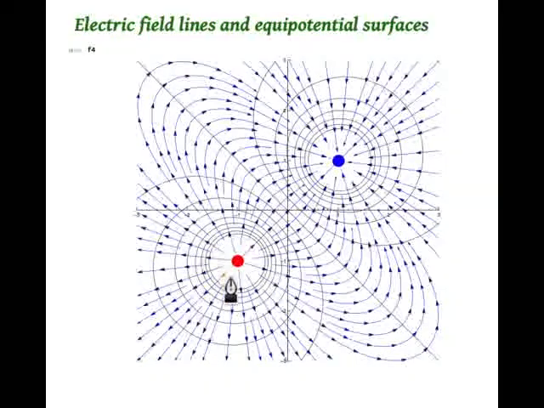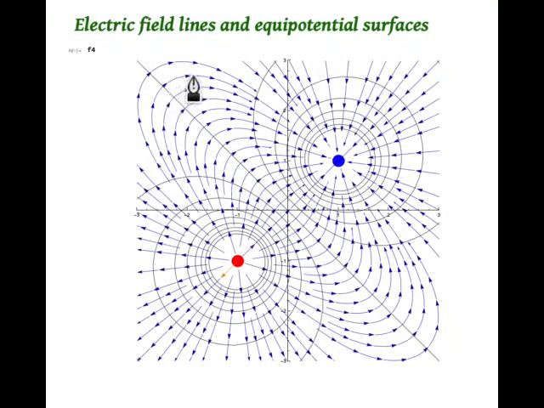Well, in the same way, the electric potentials, the equipotential surfaces, kind of separate into places where the electric potential is positive, that would be over here, and places where the electric potential is negative, that would be over here. This diagonal line is the equipotential where the electric potential is zero.